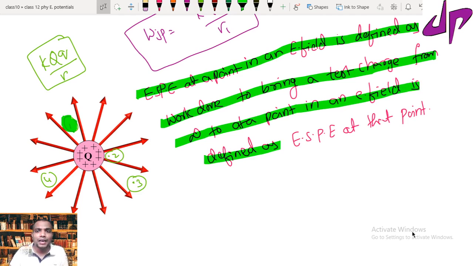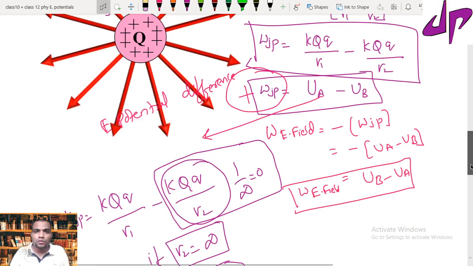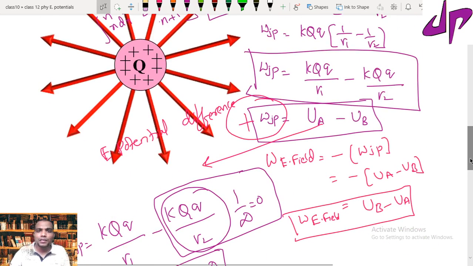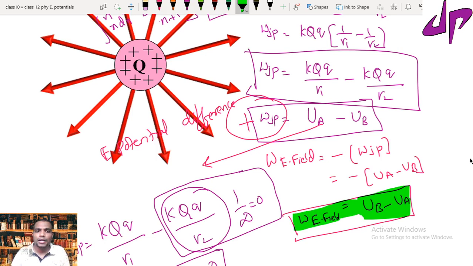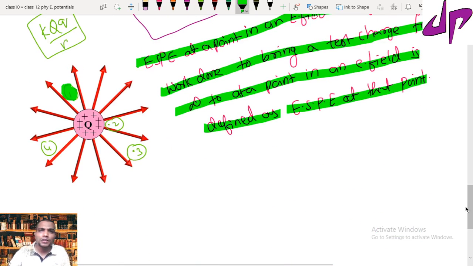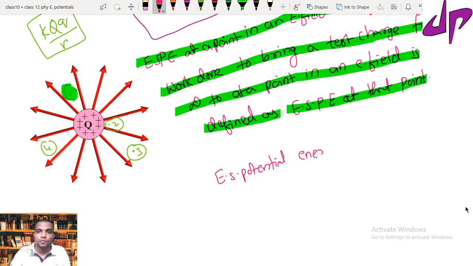In this session, you should understand the difference between the potential difference, the electrostatic potential difference, and one more definition, electrostatic potential energy. These are the very basic points to understand this chapter.